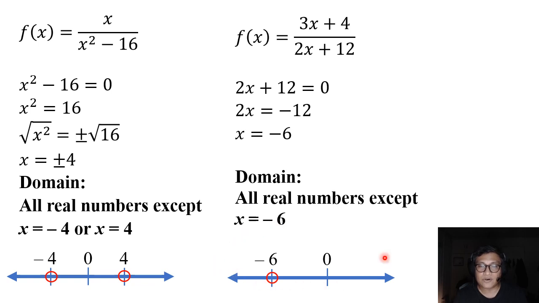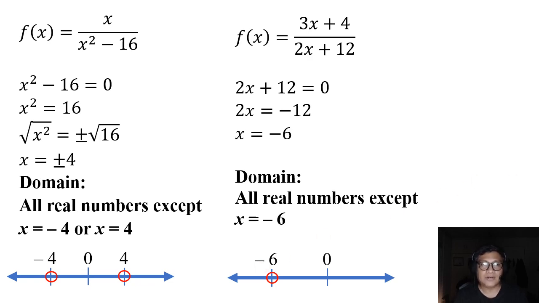And of course, if you are going now to represent this by a graph, we have the real numbers here, from negative infinity to positive infinity, except that your x is equal to -6. So you notice, class, that we have an open circle indicating that -6 is not part of the domain.